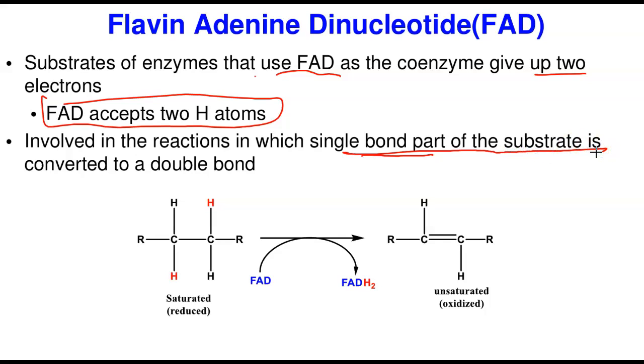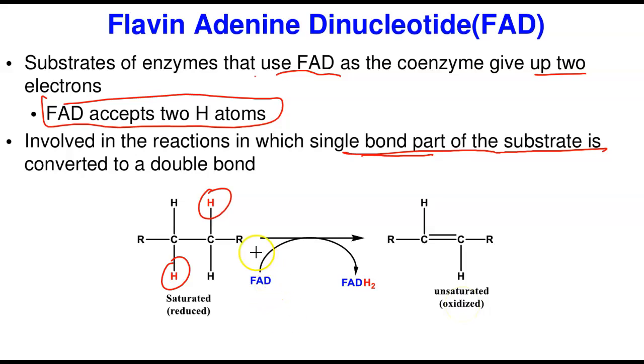Let's see what happens here. This is a typical saturated compound, highly saturated with single bonds. These two hydrogens are going to be lost. The moment you lose these two hydrogens, it forms a double bond and becomes unsaturated. Remember, if it is saturated, more hydrogen means it is reduced. Here, unsaturated, it becomes oxidized. Where does that hydrogen go?